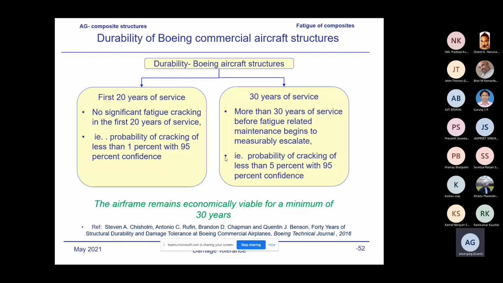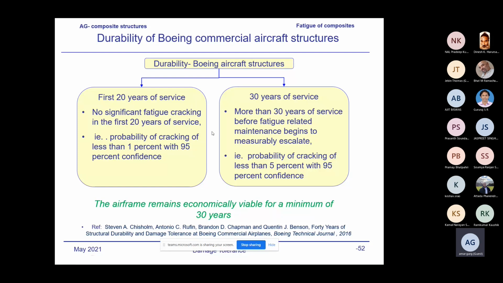Because a couple of weeks back, when I was talking about damage tolerance and fatigue, the question was that for composites we don't have to worry about the damage tolerance approach, which will evaluate the inspection intervals. Durability, the way Boeing defines it, applies to metal and composite structures both.